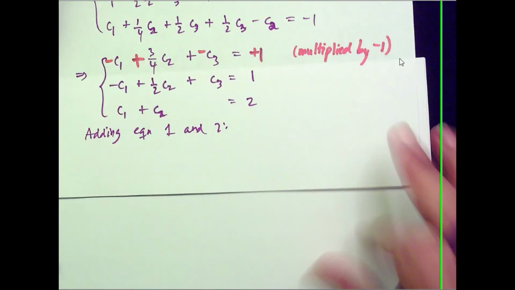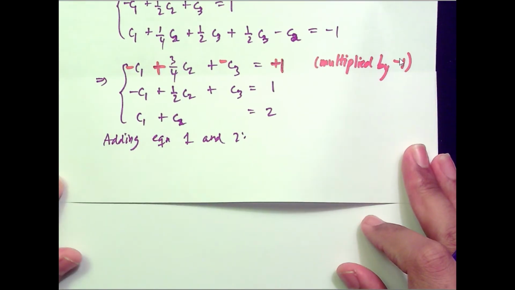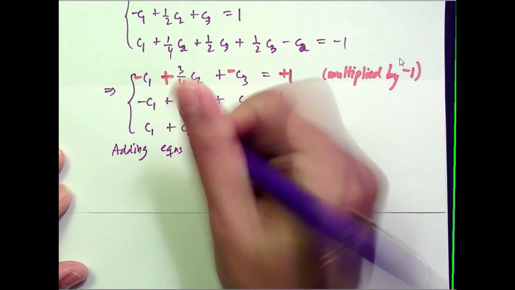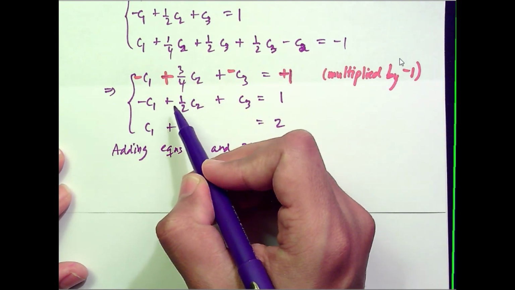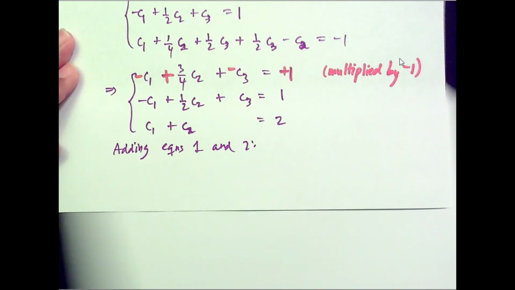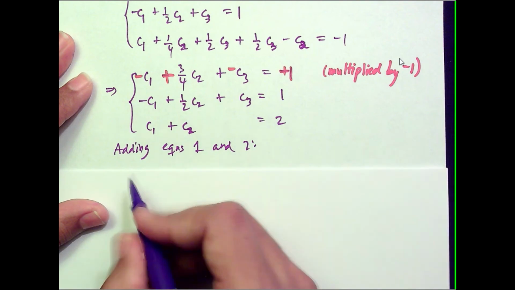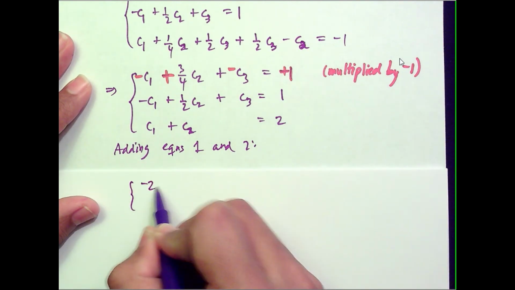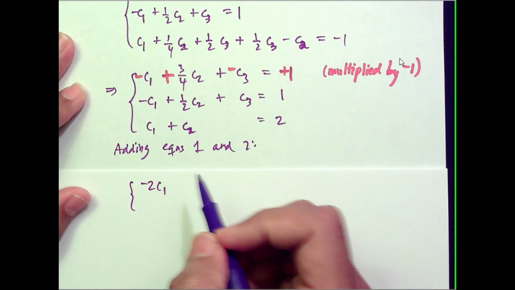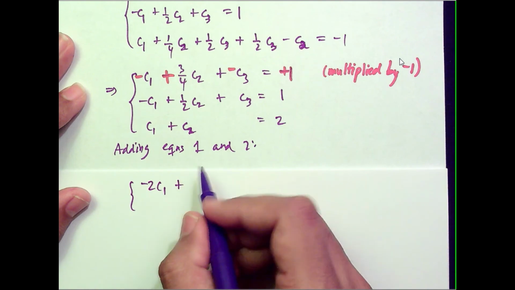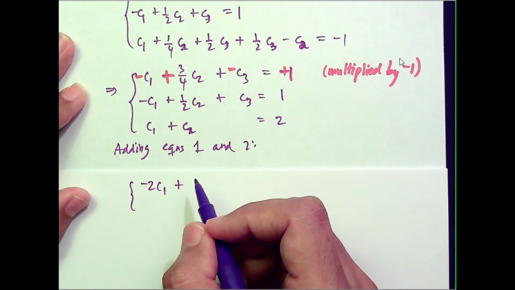Adding equations 1 and 2, these two, you're going to get negative 2C1 plus 3/4 and 1/2.